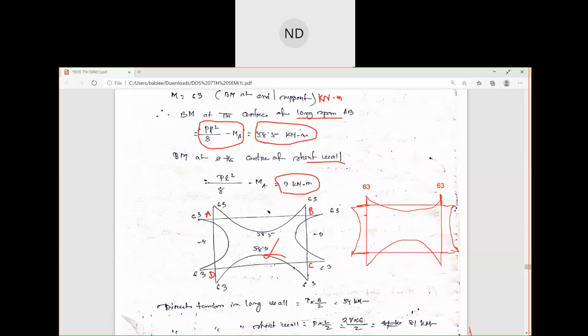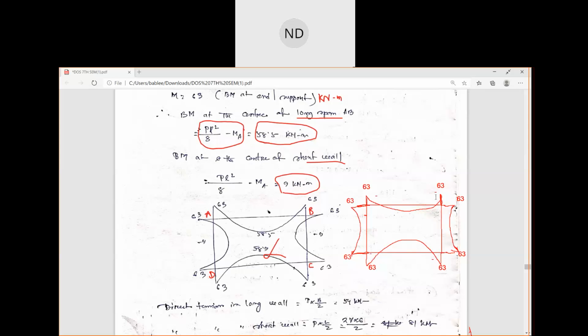Here also it is 63. So all the supports here are 63, and here also it is minus.